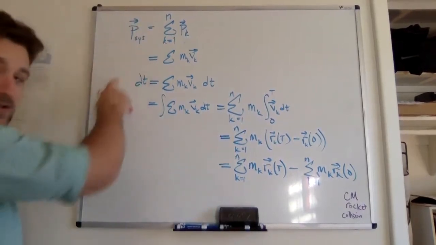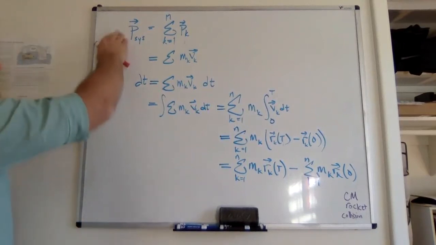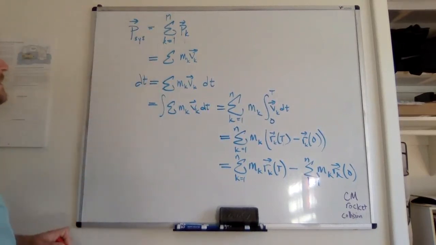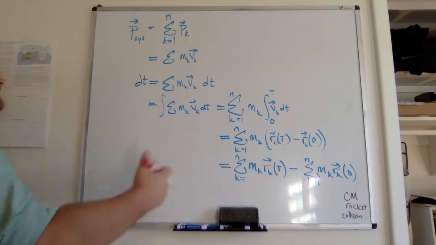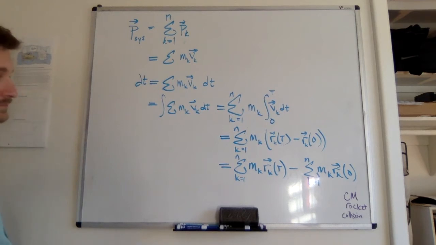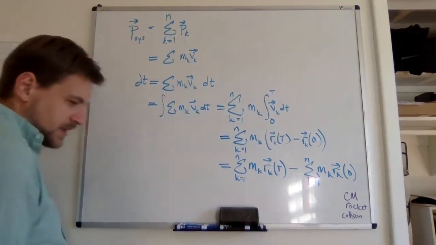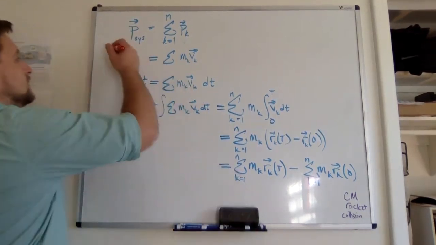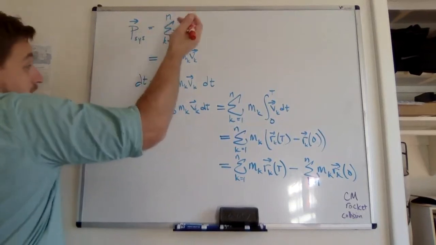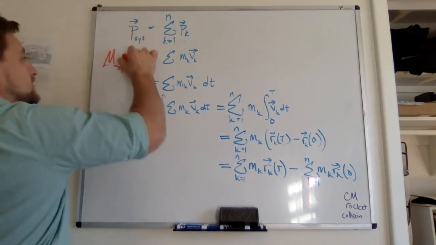So far, I've left the left-hand side of this equation alone. But if the system has some momentum, then presumably, according to our definition of momentum, the system has some mass and some velocity.